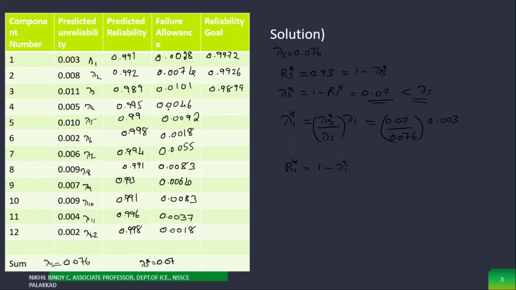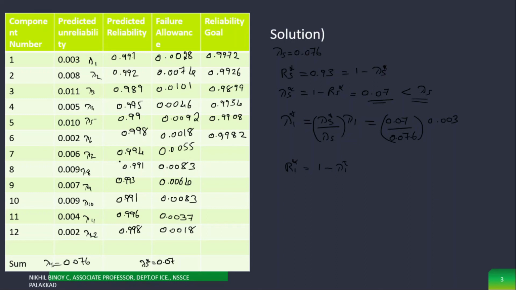Now the reliability goal of the fourth component is 1 minus 0.0046, that is 0.9954. The reliability goal of the fifth component is 1 minus 0.0092, so that is 0.9908. Now the reliability goal of the sixth component is 0.9982.